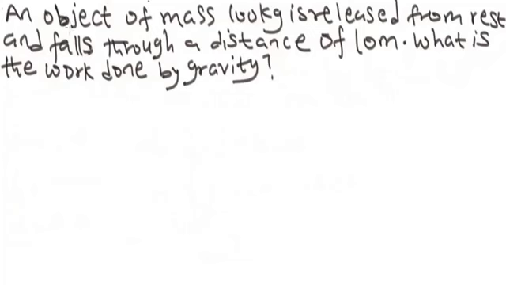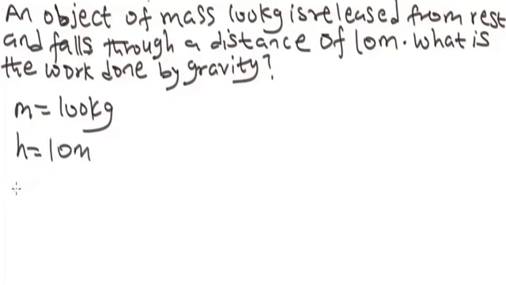Okay, so this question says an object of mass 100 kg is released from rest and falls through a distance of 10 meters. What is the work done by gravity? Alright, so our parameters, we have our mass to be 100 kg. We have our distance, since I'm talking about height, let's use height here to replace distance, 10 meters. And we are asked to find work done. Alright, so we're going to use work done will be mgh, mass times acceleration due to gravity times height.